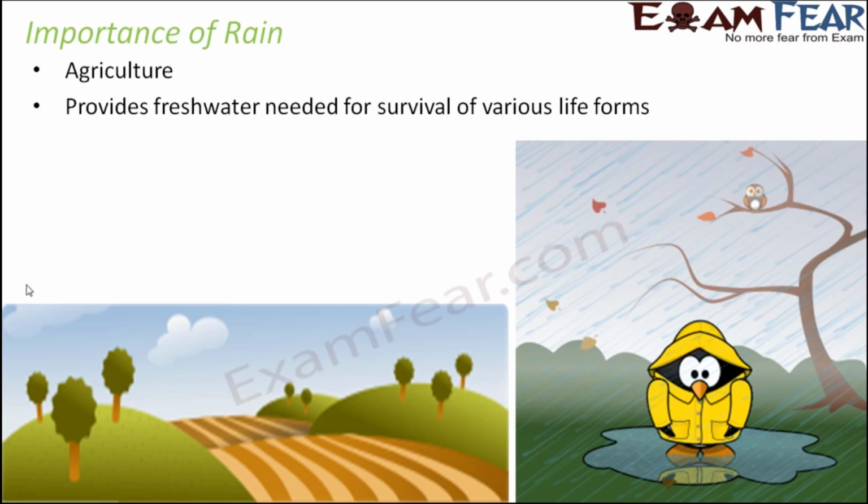That is again a long, time consuming process which involves a lot of cost. So rain is like a direct source of fresh water, and fresh water is needed for survival of different life forms, whether it is plants, animals, insects, birds. All of them need water.